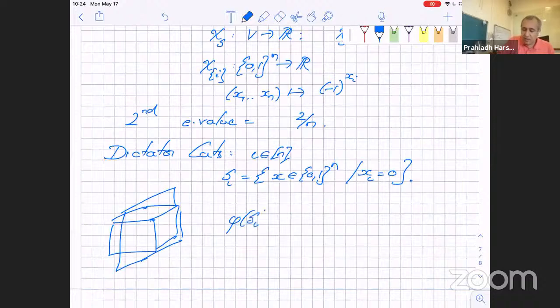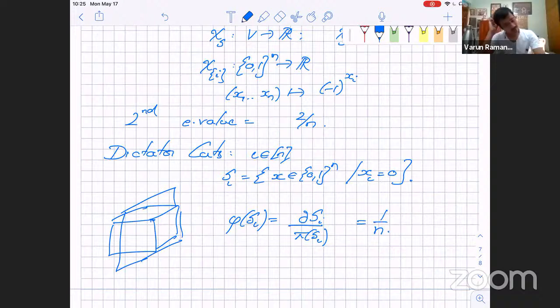Phi of Si is the total number of edges leaving the vertices in the cut, relative to the edges out of those vertices. Notice that out of every vertex, only 1 over n of the edges actually cross the cut. Every other edge stays within the cut. Therefore, this number will be 1 over n.